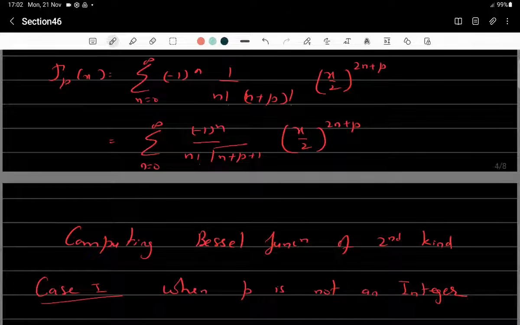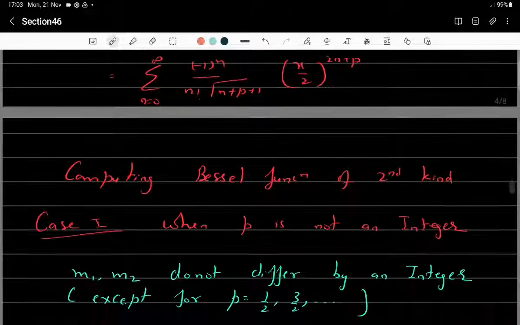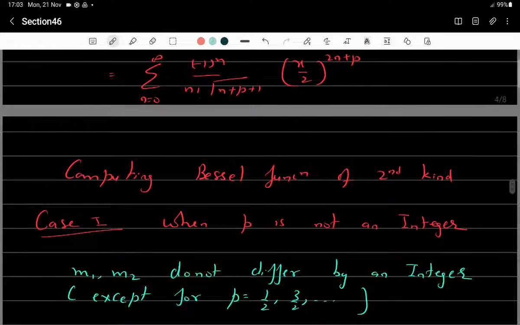Then p and minus p, 3 by 4 and minus 3 by 4, do not differ by an integer. It means there exist two Frobenius series solutions. The only problem comes when p is 1 by 2, 3 by 2 and so on, because 1 by 2 minus minus 1 by 2 is 1, which is an integer. So there may be a problem. They differ by an integer. In that case, there may exist one Frobenius series solution, or there may exist two Frobenius series solutions.